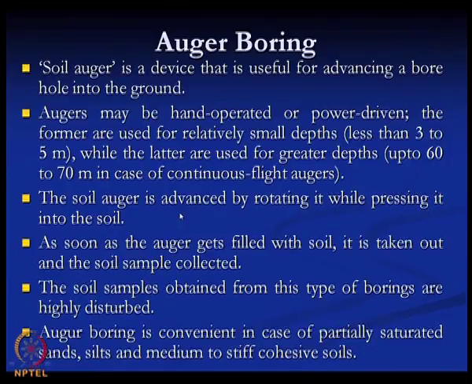As soon as the soil auger gets filled with soil, it is taken out and the soil sample is collected. The soil sample obtained from this type of boring is highly disturbed. The auger boring is convenient in the case of partially saturated sand, silt, and medium to stiff cohesive soils.